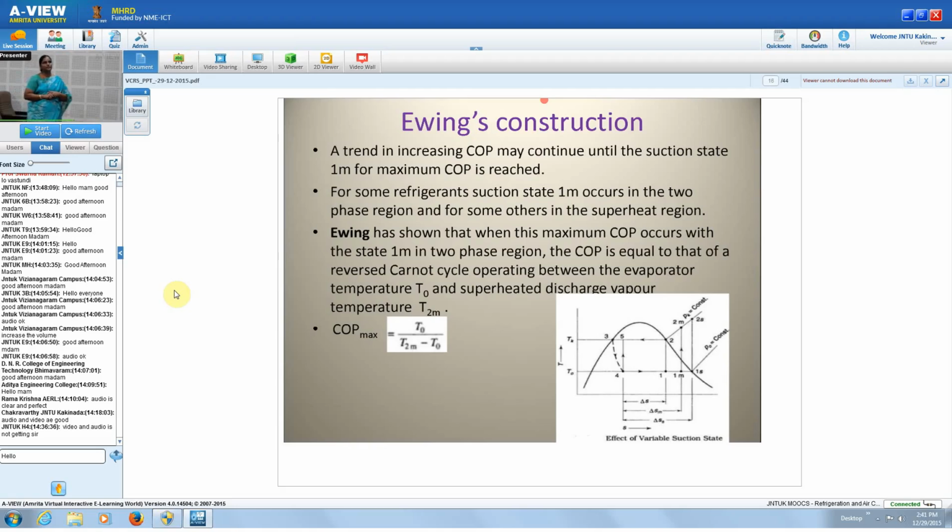According to Ewing's model here, the maximum COP is T0 by T2m minus T0, where T0 is the required temperature in the evaporator and T2m is the temperature at the discharge of the compressor.